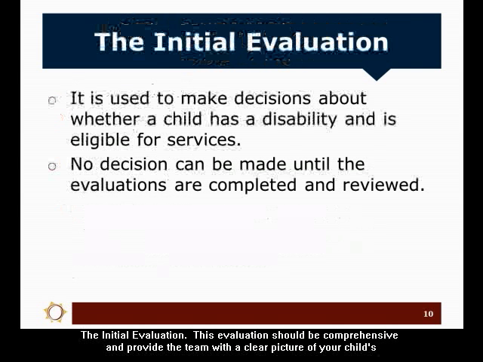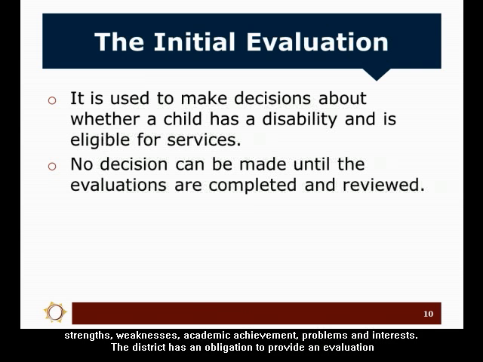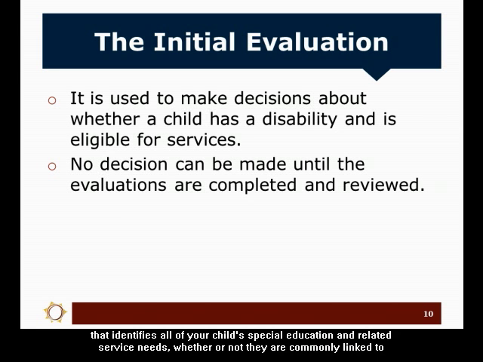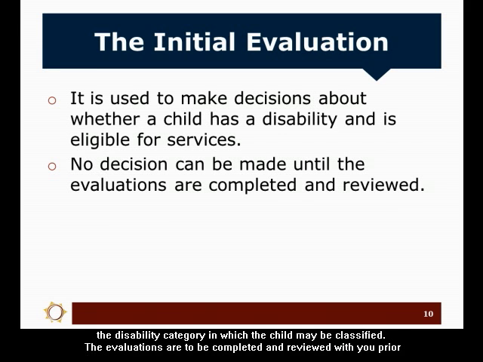The initial evaluation. This evaluation should be comprehensive and provide the team with a clear picture of your child's strengths, weaknesses, academic achievement, problems, and interests. The district has an obligation to provide an evaluation that identifies all of your child's special education and related service needs, whether or not they are commonly linked to the disability category in which the child may be classified.